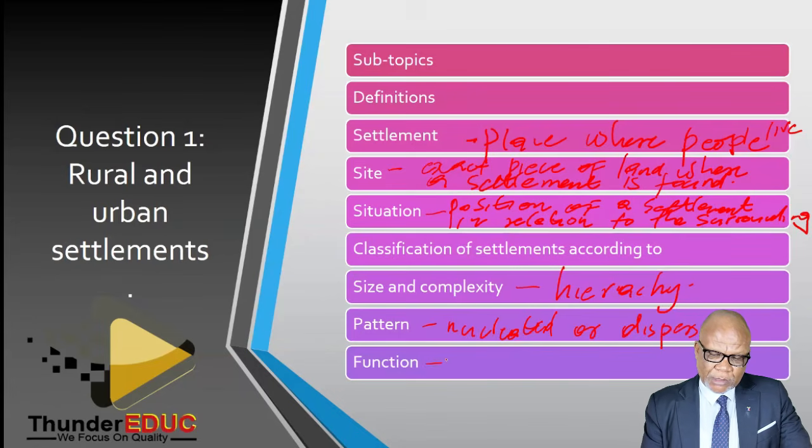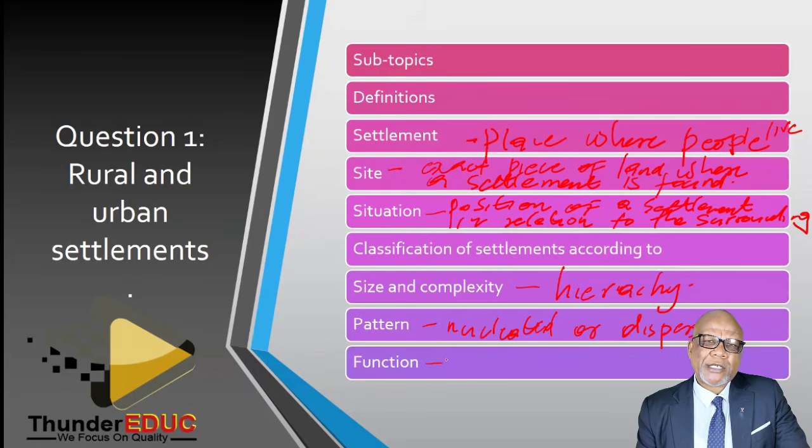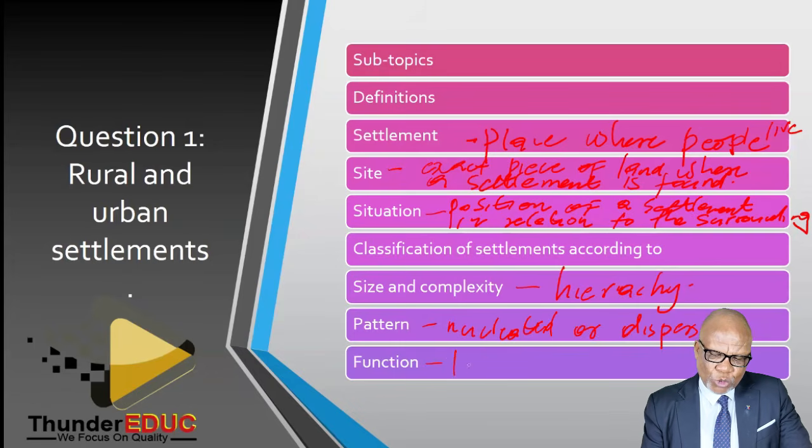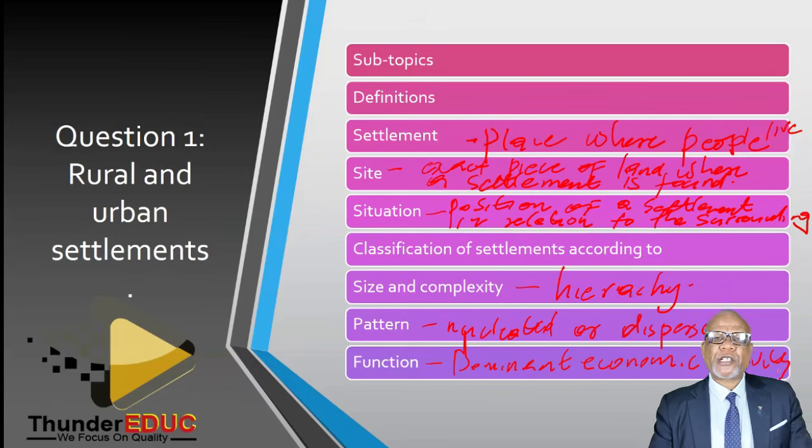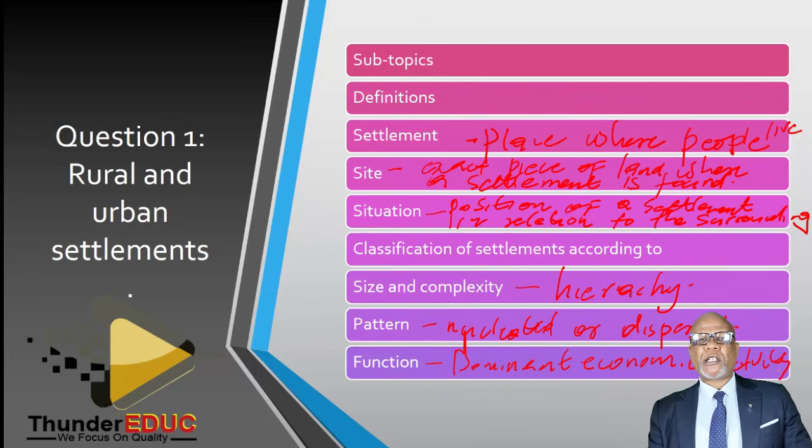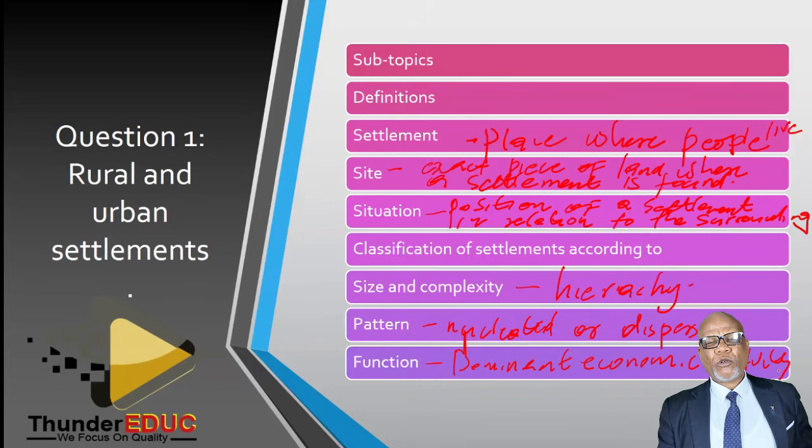Then you can also look at settlements in terms of their function. So what is a function of a settlement? Function simply refers to the dominant economic activity. So we look at the function of a settlement, and then we classify settlement as rural or urban.